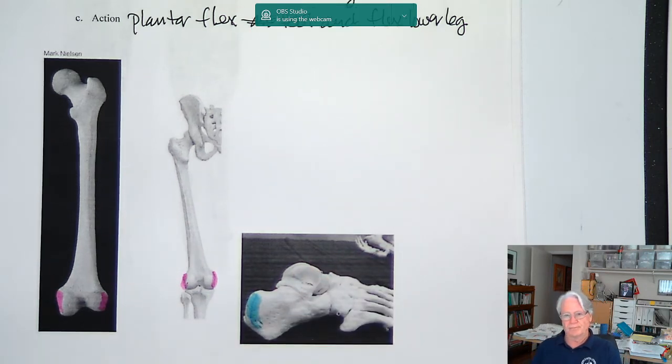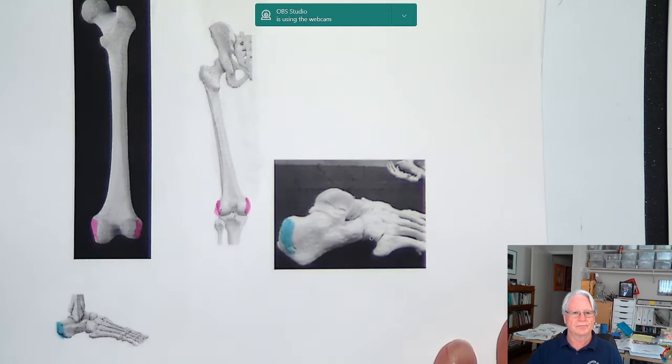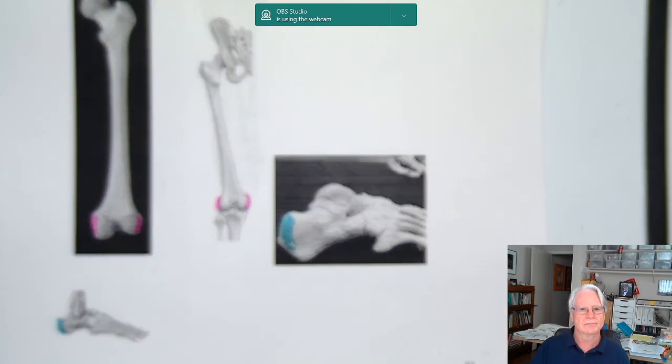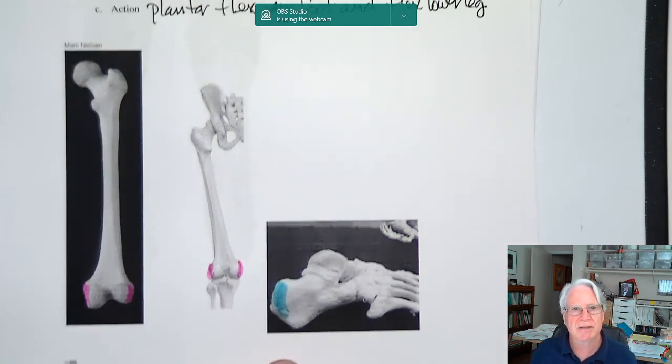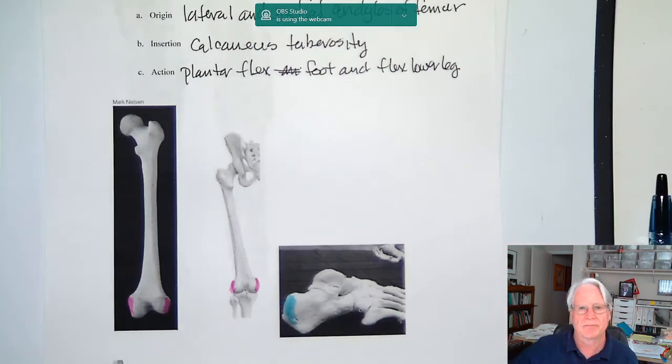Okay. Let's go ahead and see, this would be posterior. Yep, here we go. Well, you got that. Okay.